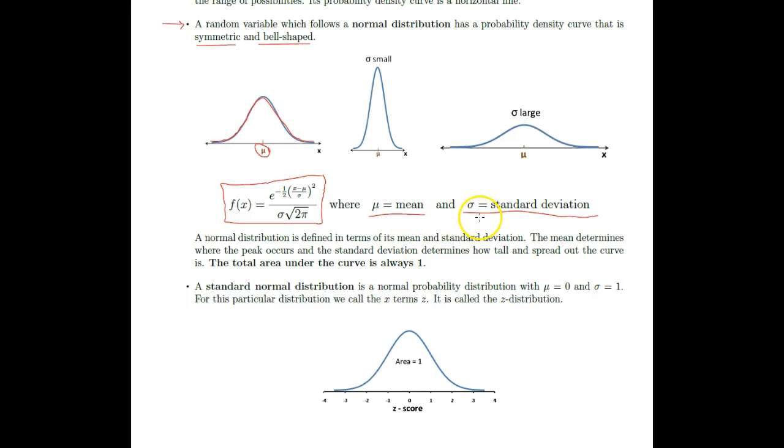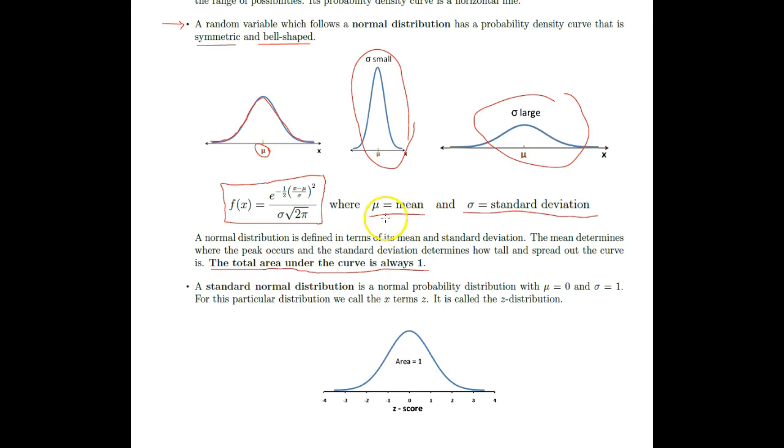And depending on whether the standard deviation is high or low, it will stretch out that data set, if it has a high standard deviation, kind of like this picture right here, or shrink the curve if it has a small standard deviation. Some of that information is described right here. Something to keep in mind is that the total area under the curve is always going to be 1.